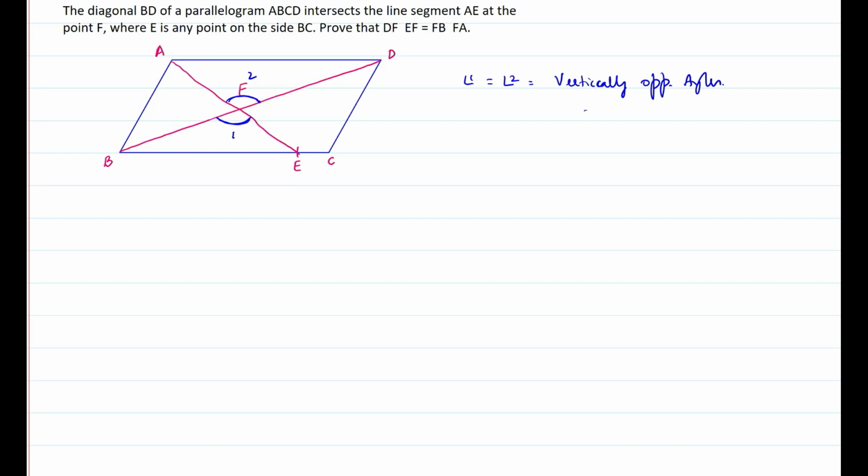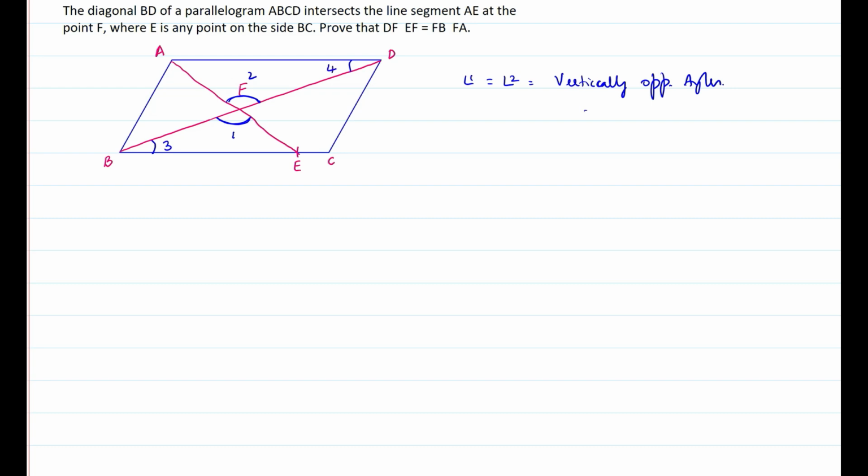Now you see AD and BC are parallel sides and BD is the diagonal. The line AD and BC along with the diagonal make something similar to a Z. If you take angle D and angle B in triangle ADF and triangle BEF, name these angles as angle 3 and angle 4.